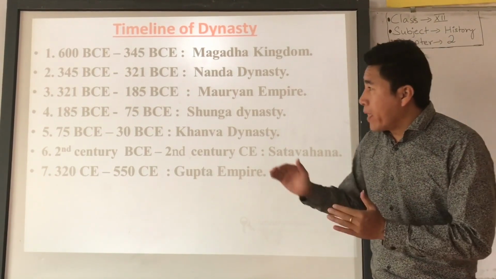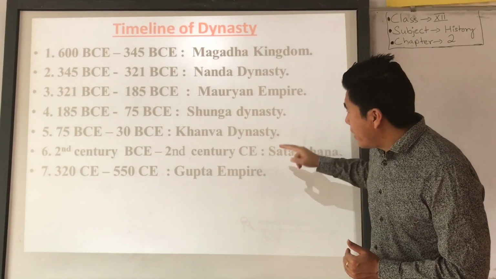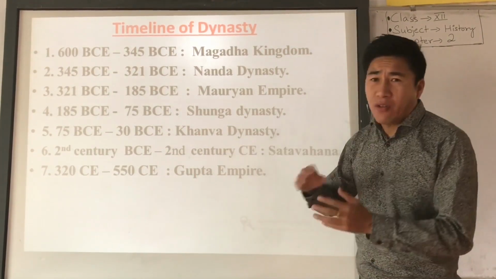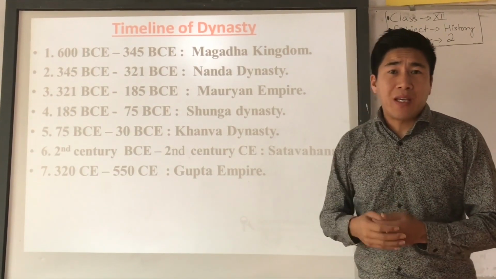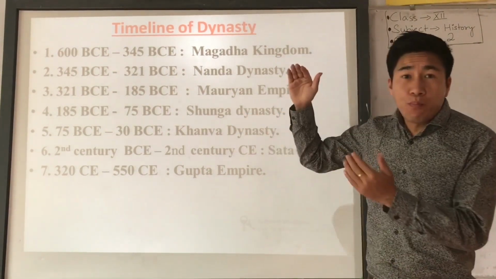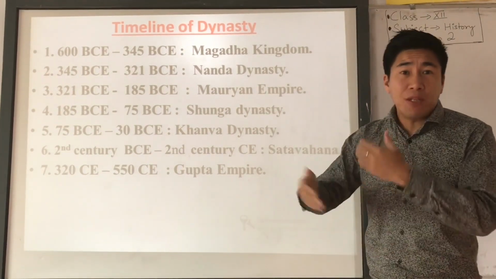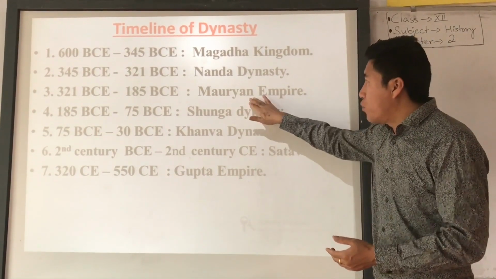Now if you remember, between the Shunga, Kanvas and Satavahanas, there were two more dynasties. Shakas were there, then Kushans were there, right? These we all call post-Mauryan dynasties, because they were established after the Mauryan dynasty.